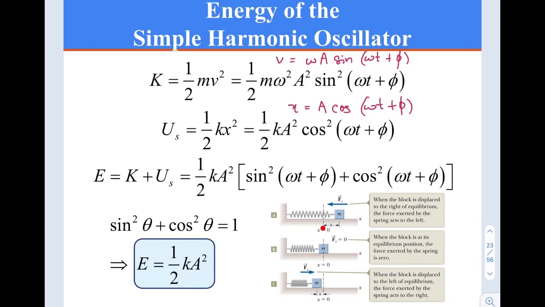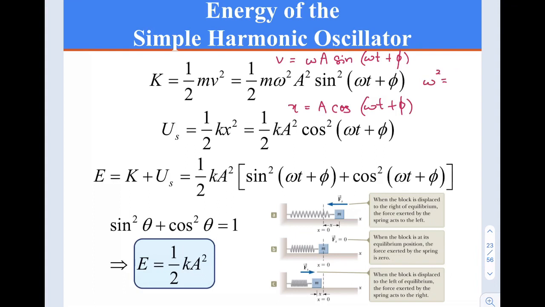If you combine this one and this one into this equation, you may take out kA squared outside. How come here we don't have kA, isn't it? This is actually by making use of omega. Omega is equivalent to square root k over m, right?